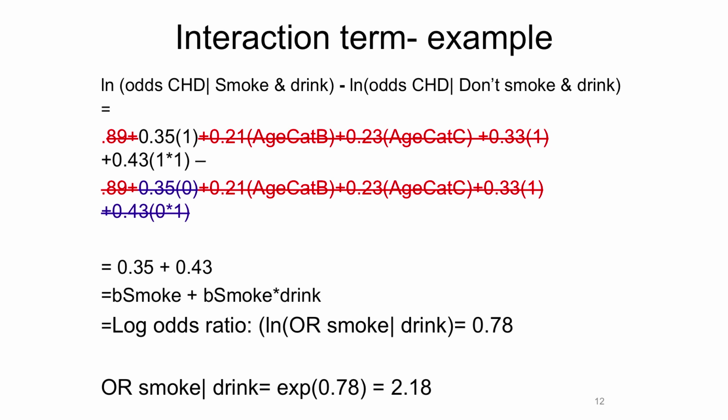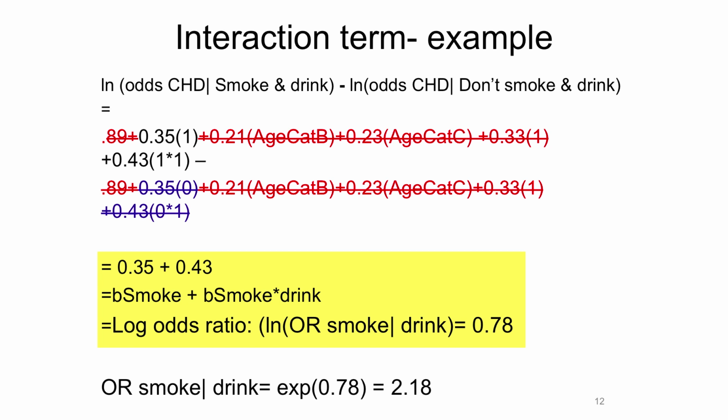So once we've done this, we're left with a log odds ratio for smoking, given that you drink, of 0.35 plus 0.43. This makes sense conceptually if you think about it. Within the drinkers group, the only thing that differentiates the odds of CHD for the smokers and non-smokers is whether or not they smoke.